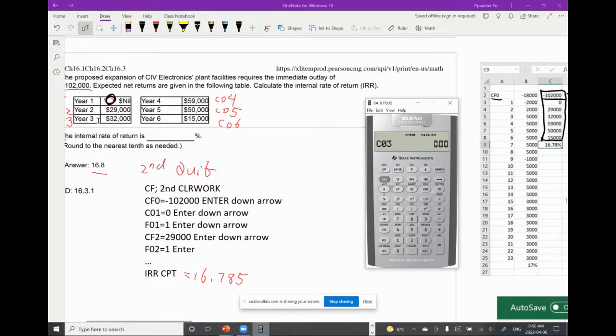Next one is year 3, 32,000. Enter. Down arrow key. Frequency is 1. Enter. Down arrow key. Next is year 4, 59,000.